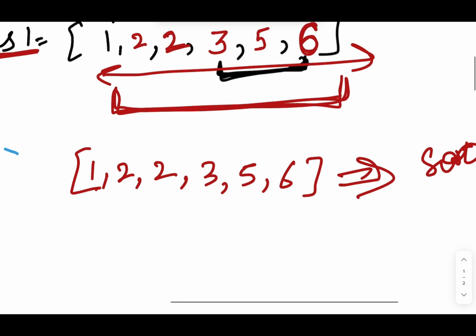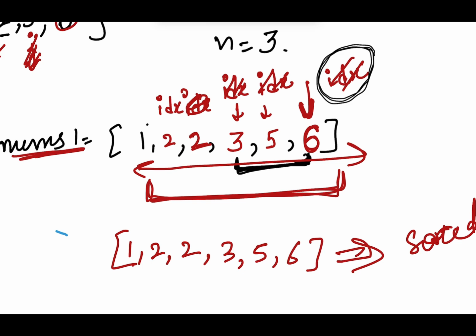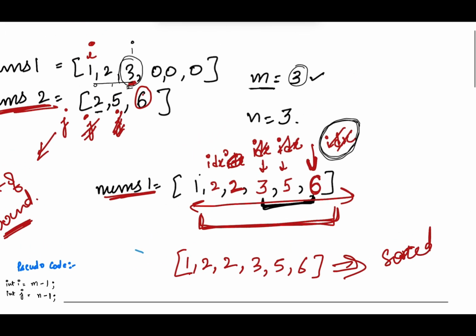Okay, next we have placed another pointer, this idx. Now how will we calculate this idx? See, there were a total of 3 elements in this nums1 and a total of 3 elements in nums2, which is m elements in nums1 plus n elements in nums2.